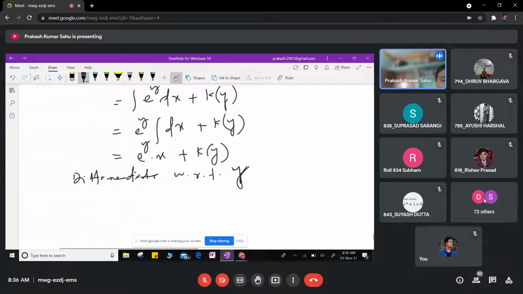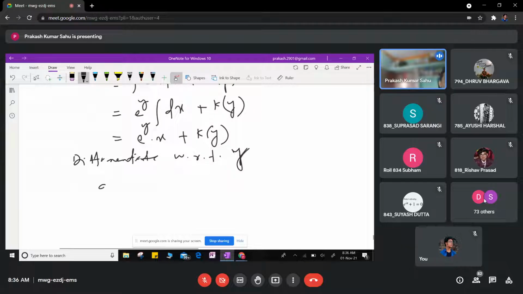If you differentiate with respect to y, this is del f by del y is equal to del by del y of x into e to the power y plus k dash y. The k dash y here will not be a partial derivative, because k of y is only a function of y, so the partial derivative with respect to y is the same as the ordinary derivative.